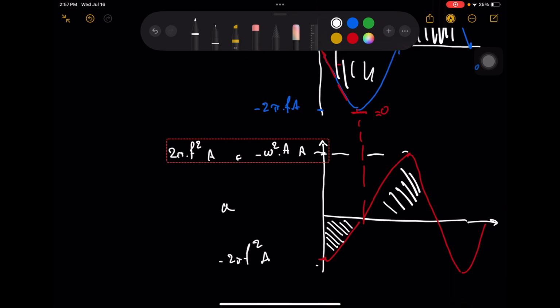Now, as we said, let's talk about simple harmonic motion transferring energy. Simple harmonic motion is all about the transfer of energy between kinetic energy and potential energy.